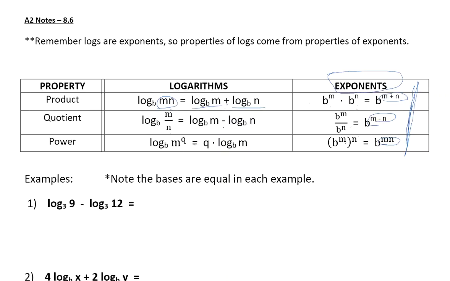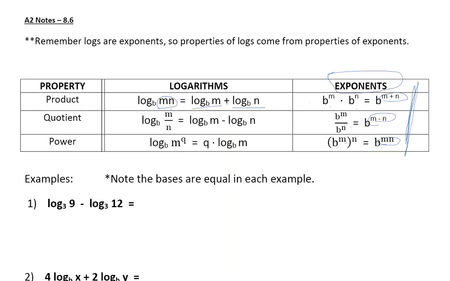Now this one's a little harder to see, so I try to emphasize this exponent, this q right here. When you have an exponent in the logarithm, I think of it as bouncing down in front.